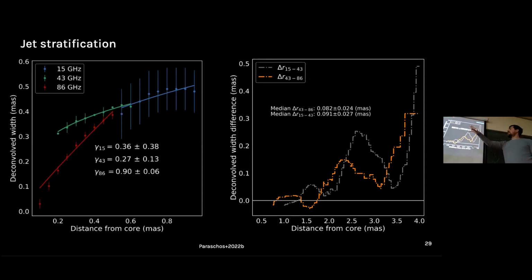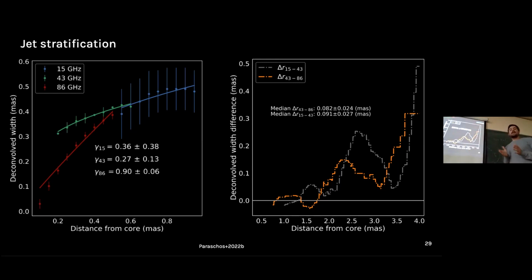On the left panel, you can see a plot of the width of the jet on the y-axis and the distance from the core on the x-axis. And as you can see, at different frequencies, it seems to change. So at the lower frequencies, it's more or less around 0.3, whereas at higher frequencies, it's 3 times as much.